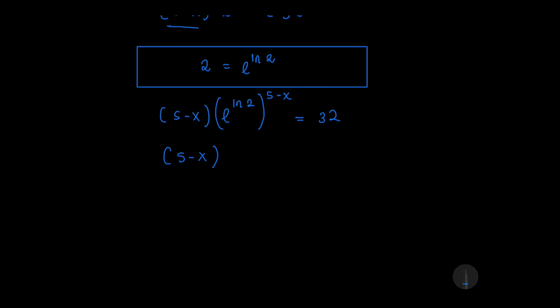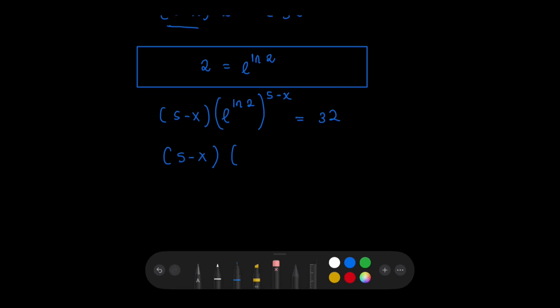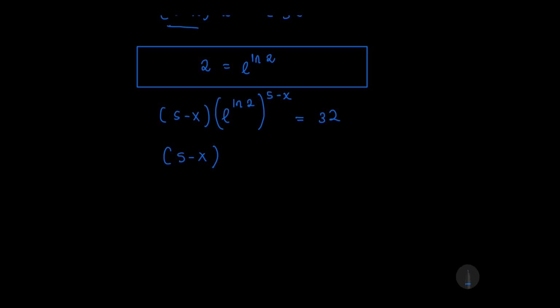So this will be (5 minus x) times e to the power (5 minus x) ln 2 equals 32.